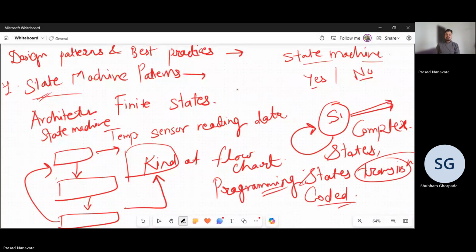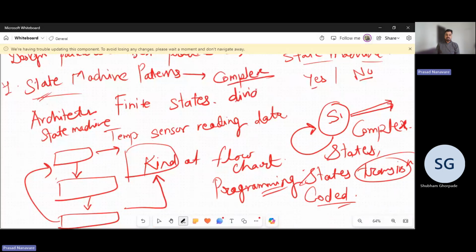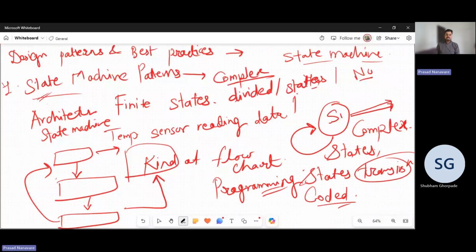So what happened is that the system was complex, we divided it into states, and we represented the states in the code. This made our coding and the entire system a lot easier and hassle free.